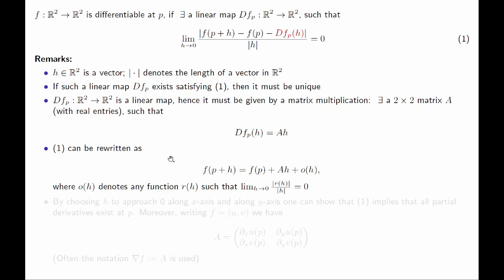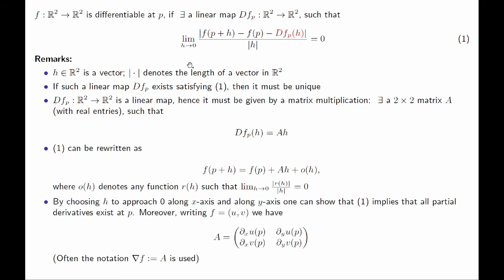Another observation is h is any vector that approaches 0 in R2. So in particular, we can let h approach 0 along the x-axis or along the y-axis. Then one can show that this equation implies that all partial derivatives exist at the point P. And moreover, if we write u and v to be the coordinates of the function f, then A is just the matrix of the partial derivatives.